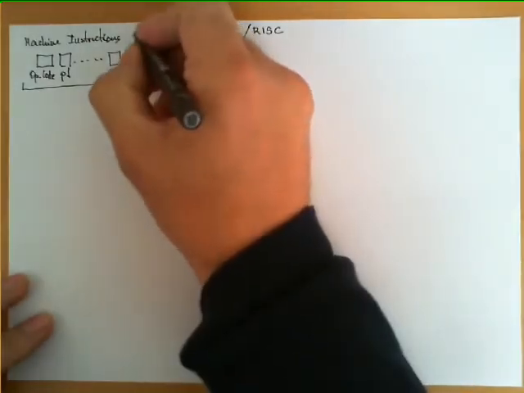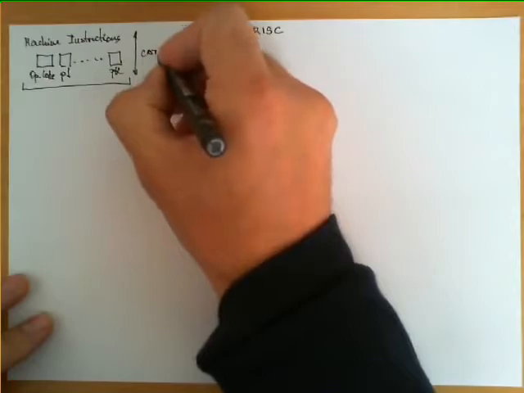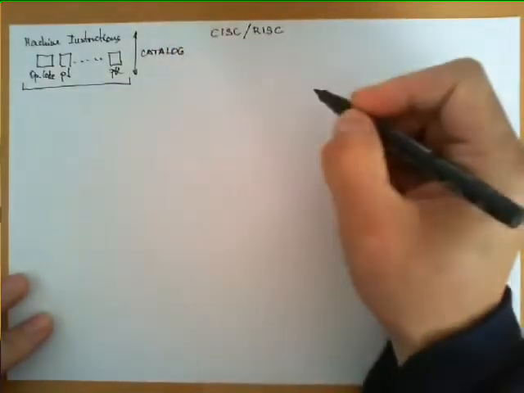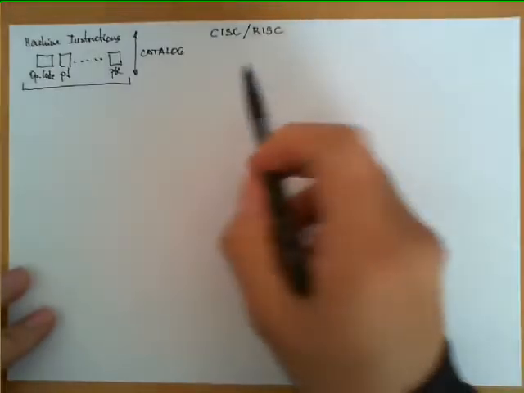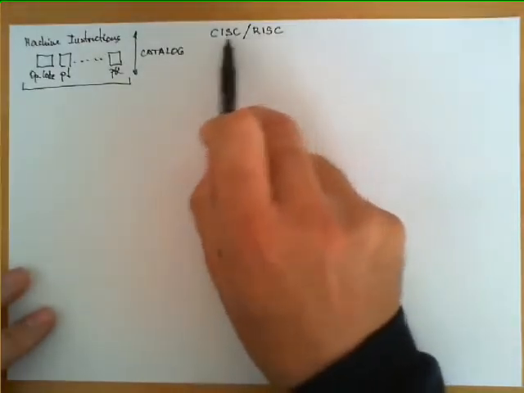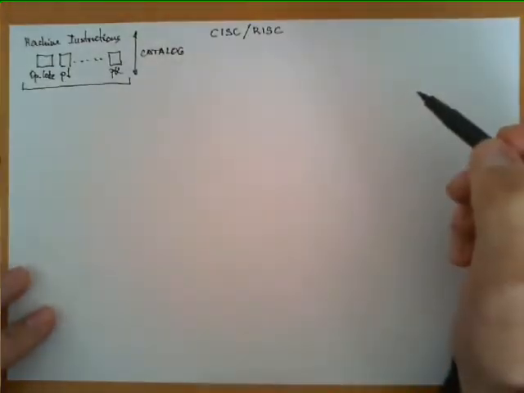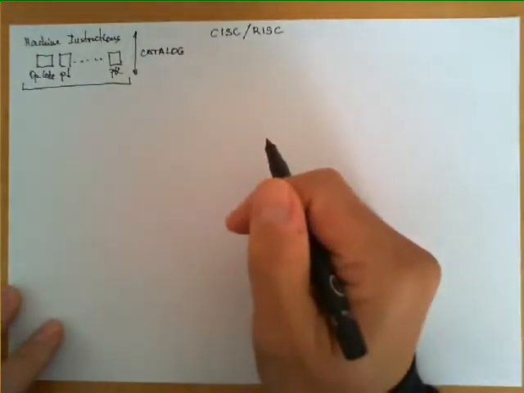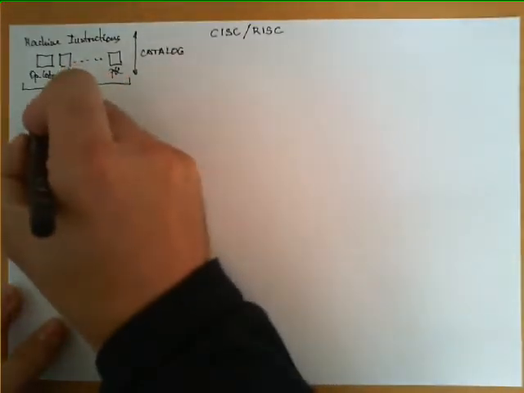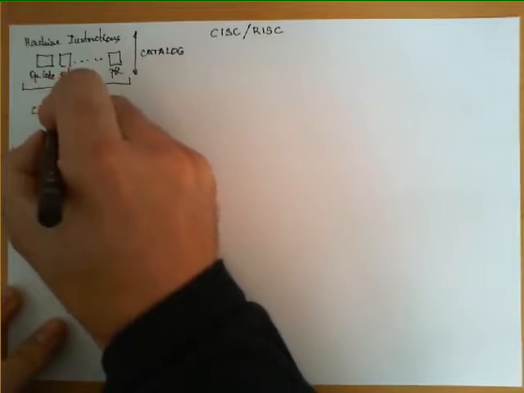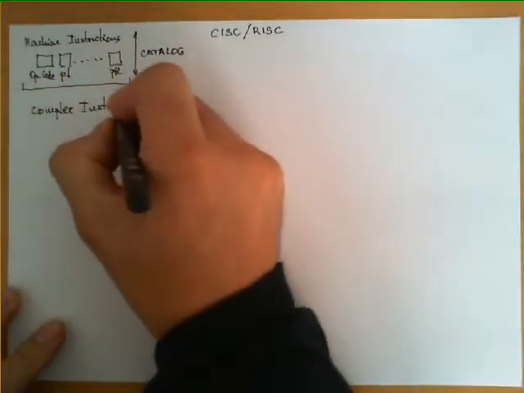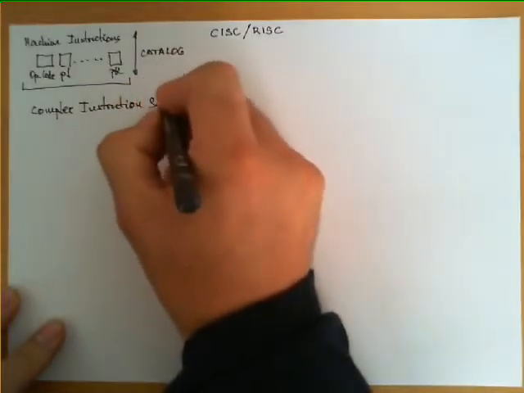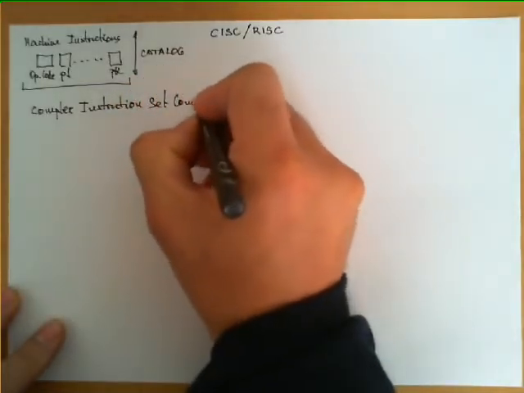But then the question comes: what kind of catalog of instructions to execute is offered by the different microprocessors? And here is where these two different approaches emerge. The first approach, CISC, is the acronym for Complex Instruction Set Computer.